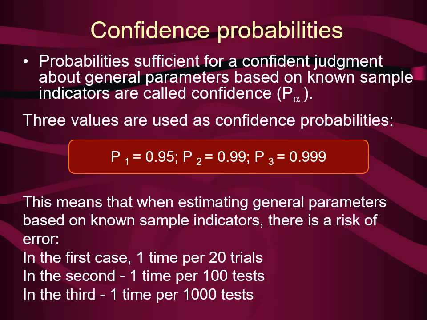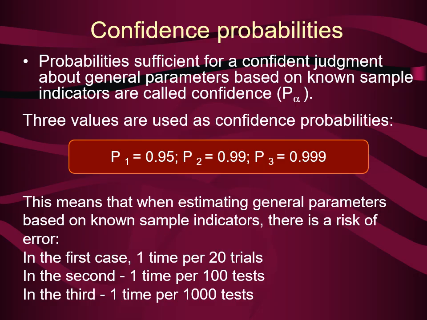That is, if one error out of 20 experiments is allowed in the experiment, then it is possible and necessary to take the first confidence probability. If one deviation is allowed for 100 experiments, then the second probability is used.